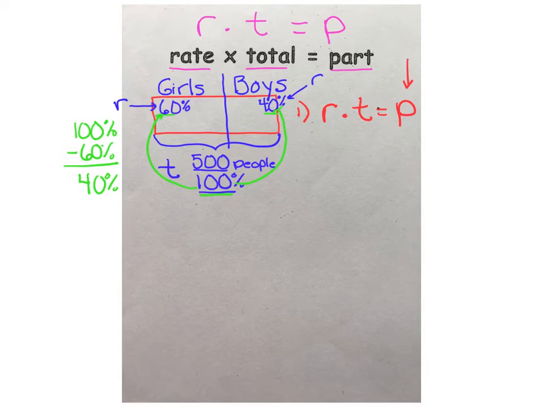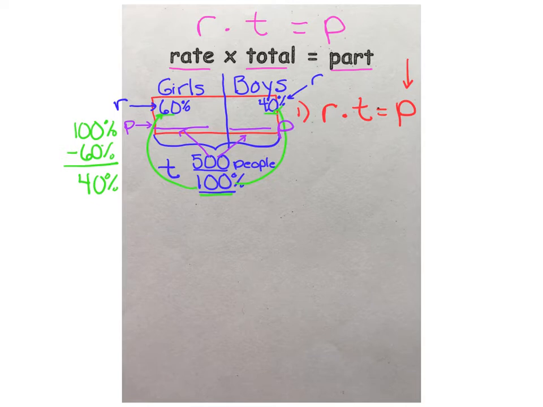Now, it's our job to figure out of the 500 people total, what part is made up of girls, and out of the 500 total, how many boys are there in this part of the bar? Before we start working with the formula, let's quickly change our rates into decimal values.